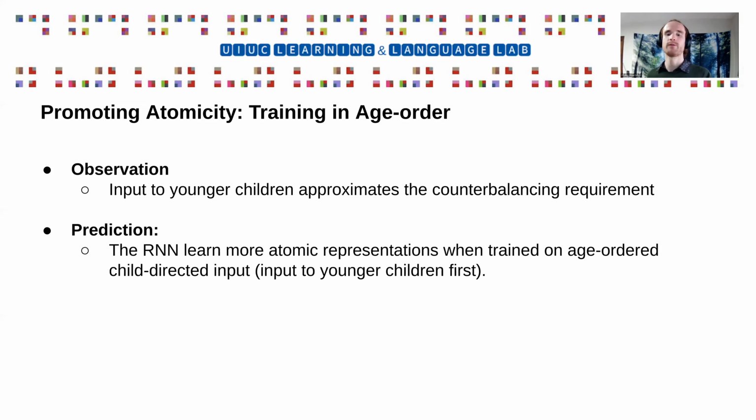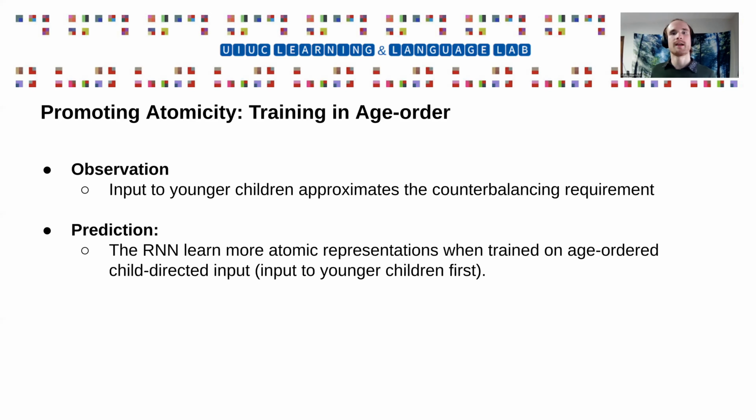The idea is that if you train on input to younger children first, where nouns occur in less semantically informative left contexts, then those nouns become more atomic. And if you do that early on, you establish this nice atomicity bias, or you induce a long-lasting learning dynamic that can scaffold subsequent learning, and you get these long-term benefits.